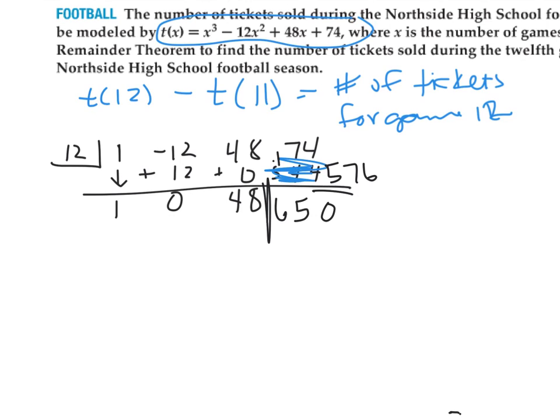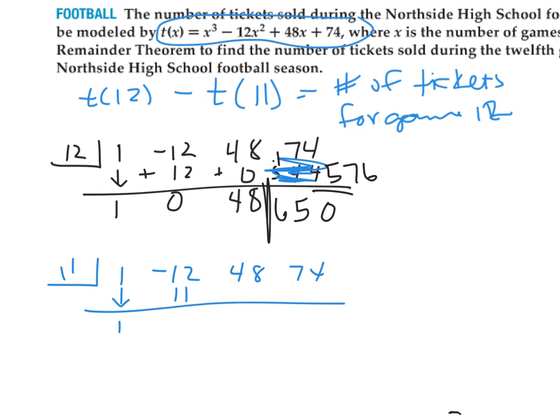Then I'm going to do the same thing with 11. I still have the same coefficients, negative 1, negative 12, 48, and 74. This time I'm going to divide by 11. We bring down the negative 1. 11 times negative 1 is negative 11.